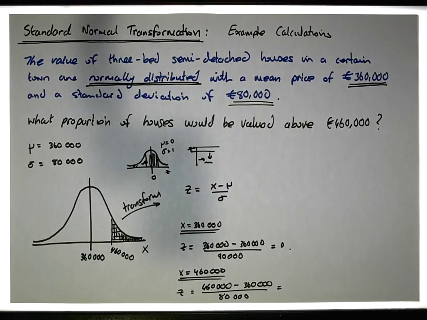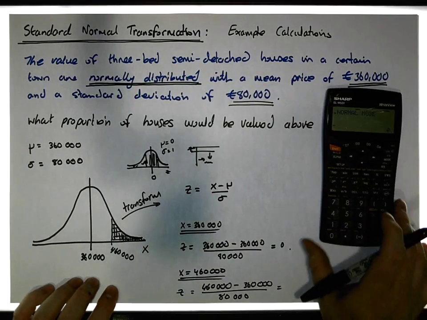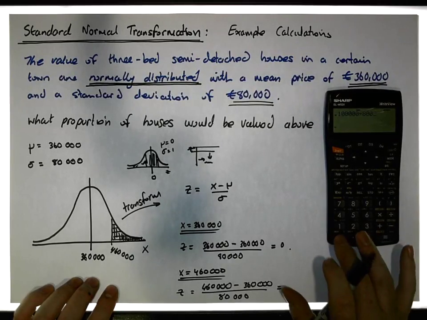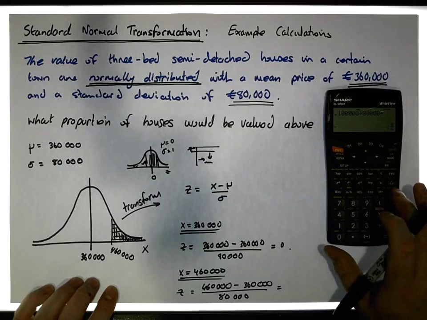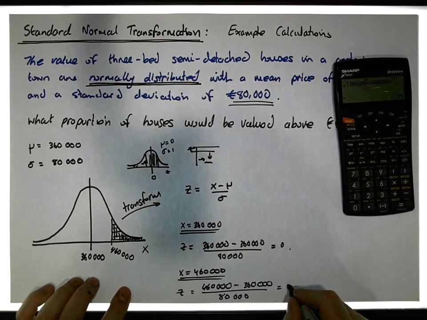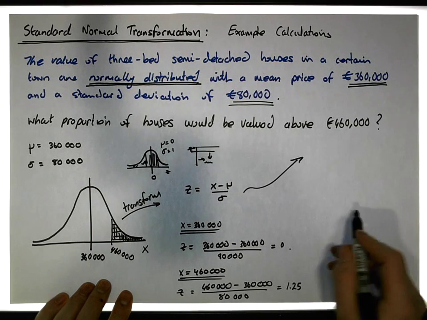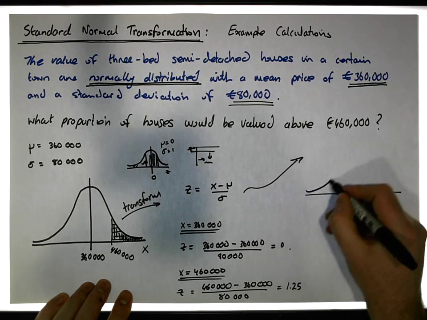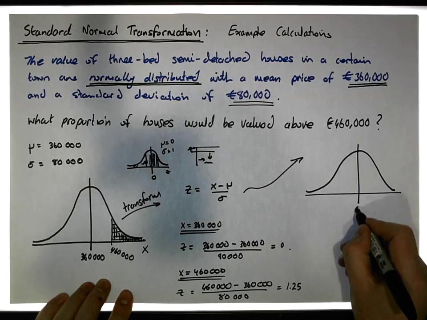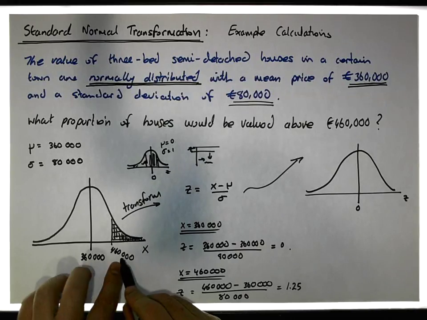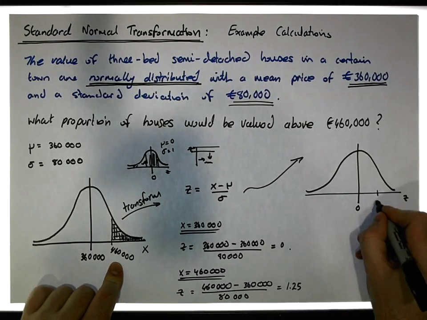That's 100,000 euros divided by 80,000 euros, which is the same as 1 divided by 8, which gives us a value of 1.25. So this curve got transformed to a new curve that's centered on 0. The 360,000 goes to 0, and the 460,000 goes to 1.25.